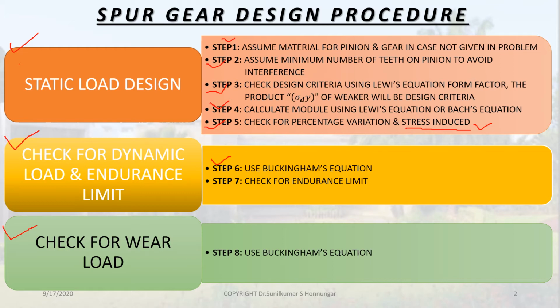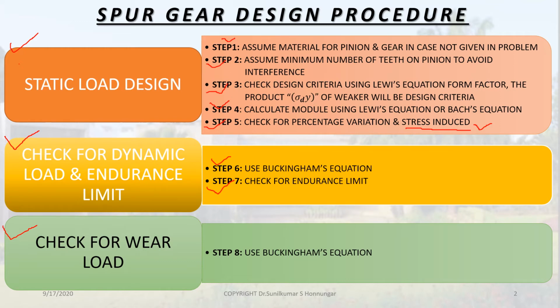I think in your cyclic loading of your machine design learning, you have come across that. You have Goodman criteria, Soderberg criteria, and all those, particularly that endurance limit. When the load changes, right? So that you will be doing. And again in the same dynamic part, step number 7, a procedure has to be followed for checking the endurance limit. So these are going to be in that dynamic part.